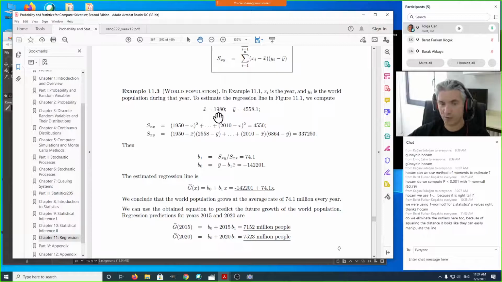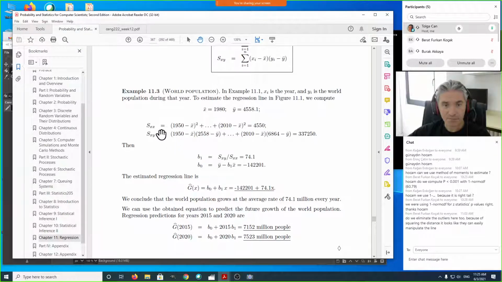The world population data was collected between 1950 and 2010. So for 60 years, the average year was 1980, as you can see. And the average population in those 60 years, if you take the average of those Ys, is 4.5 billion. I think this is in millions, right?